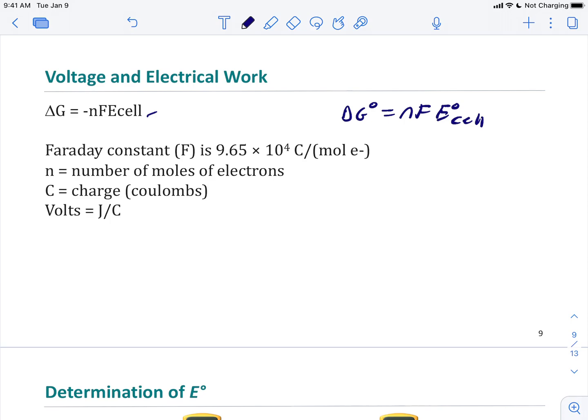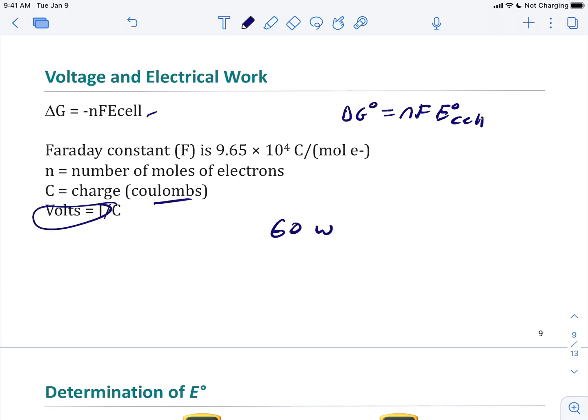In standard conditions, once again, 25 degrees C, 1 bar pressure, 1 mole concentrations, all of that. But the equation allows you to see that we can relate these two, and you'll just have to use the Faraday constant, which is basically 96,500 coulombs per mole of electron. A coulomb is your unit of charge, and a volt is a joule per coulomb.